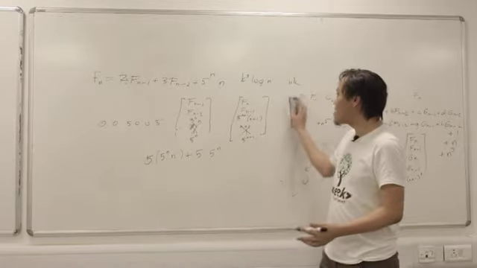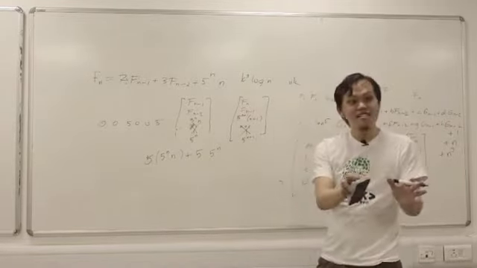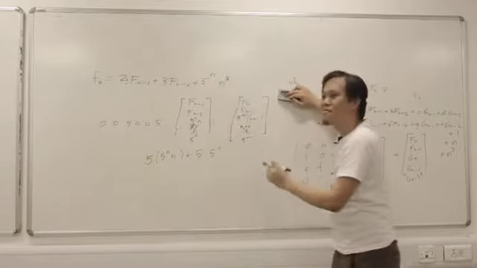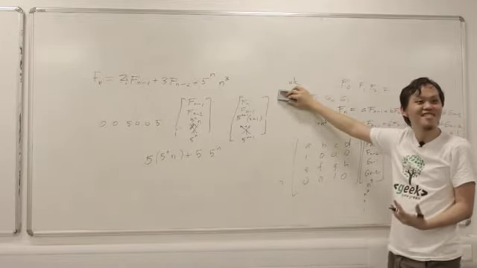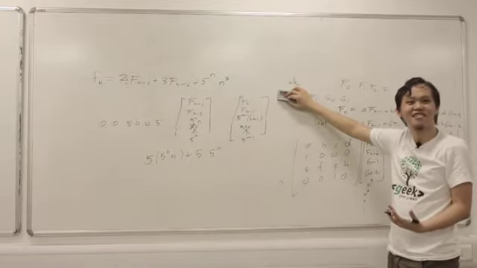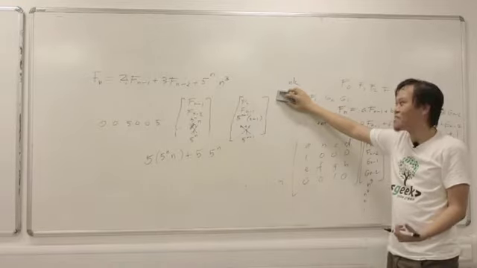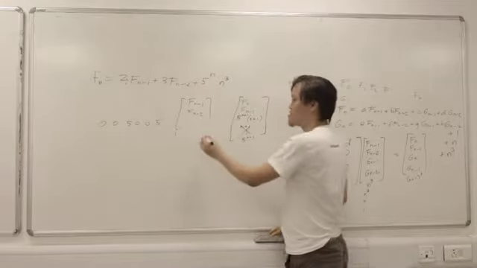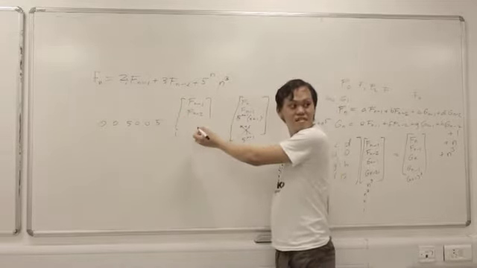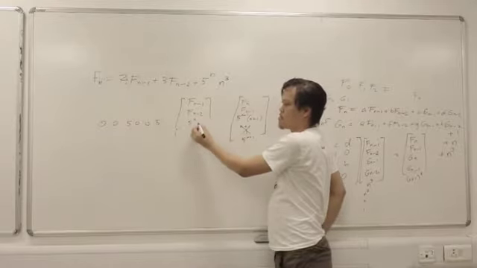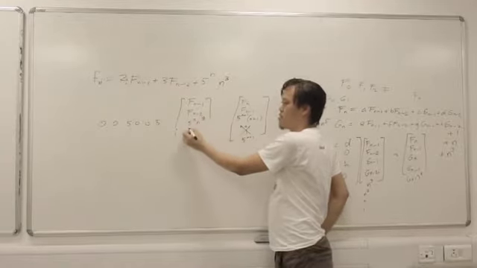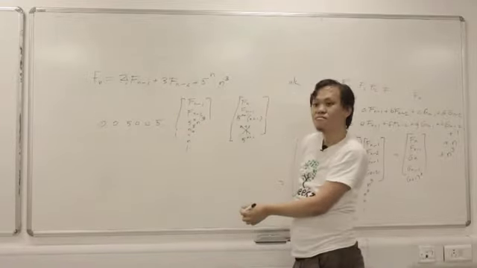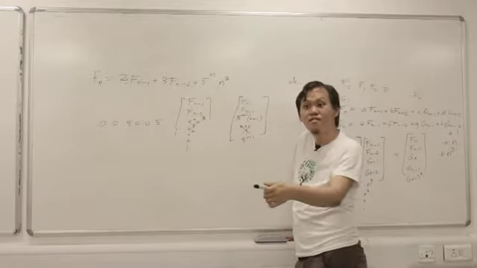The general idea is, we'll get to that, but let me give one more example. Let's say this will be n cubed. Do you think you can still find the matrix? We need 5 to the power n square.